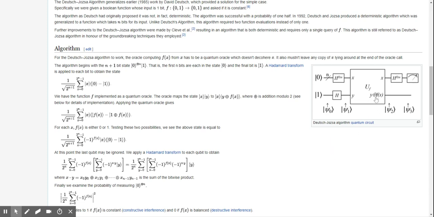I see. Because there's a restriction here, there's an actual definition of what the oracle is doing. So this is the product. So now I think I get it.